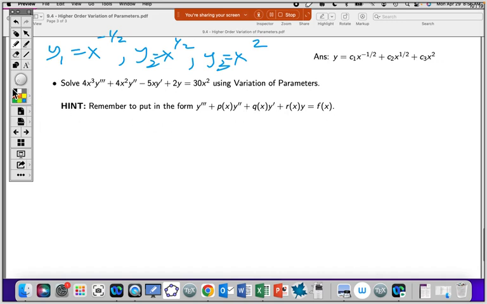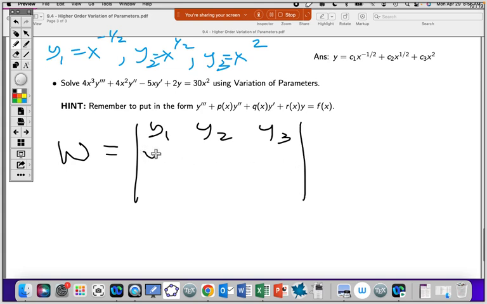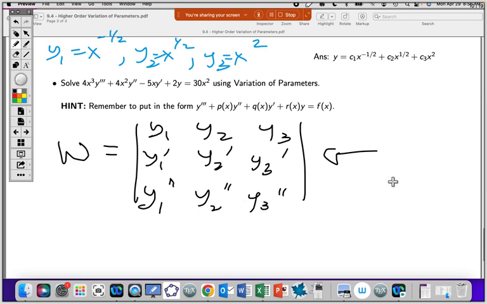So we would have the Wronskian. We would take the three functions and then take derivatives. And then we would take the second derivatives here because we'd fill out the 3 by 3 matrix. And we get whatever that is.